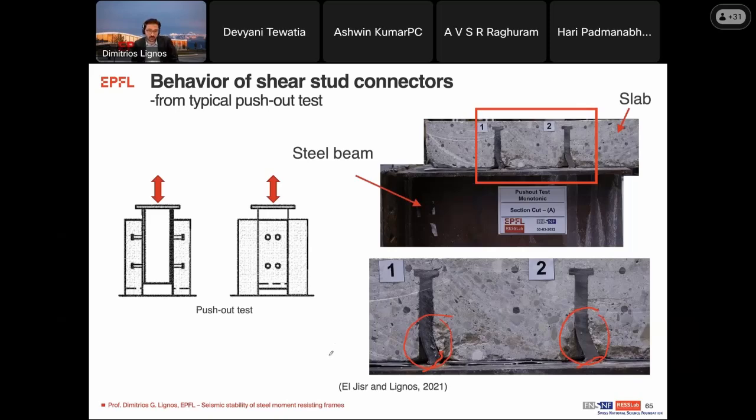But this we don't see when we look at the real condition, which is pretty much the beam that I showed earlier, rather than a push-out test, which I think the whole Eurocode provision is based on.